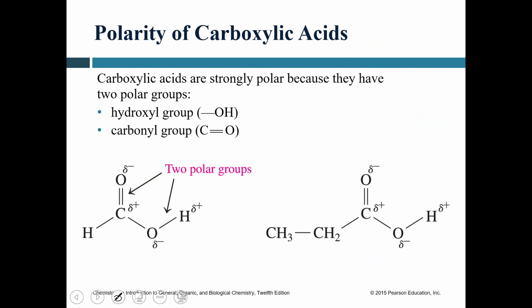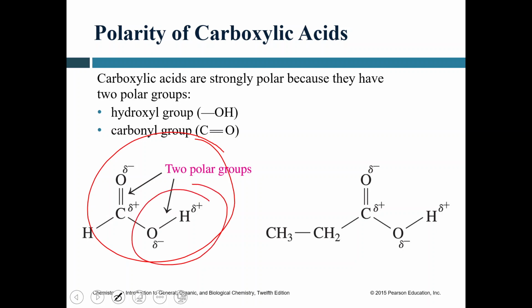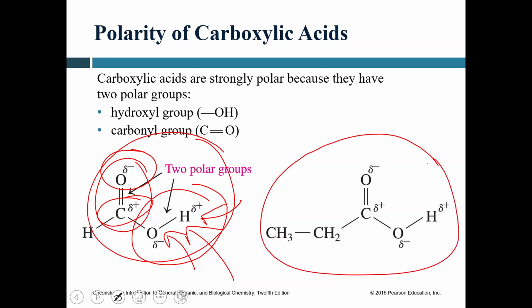Carboxylic acids have a strongly polar carboxyl group here, which contains two very, very polar groups: the hydroxyl group, which contains a partially negatively charged oxygen and a partially positively charged hydrogen, and the carbonyl group, which contains a partially positively charged carbon and a partially negatively charged oxygen. You can see this layout for formic acid. This is the same layout for acetic acid.